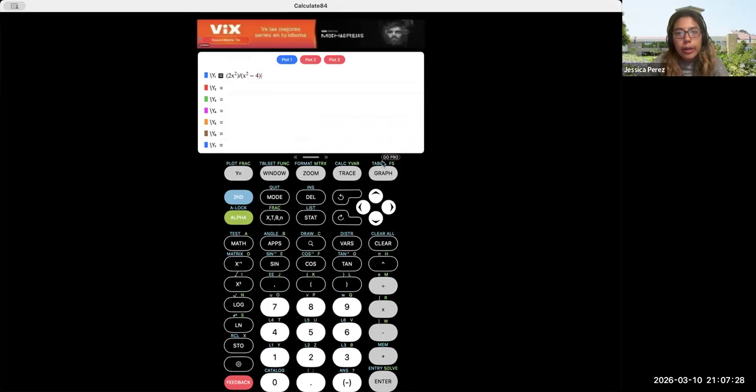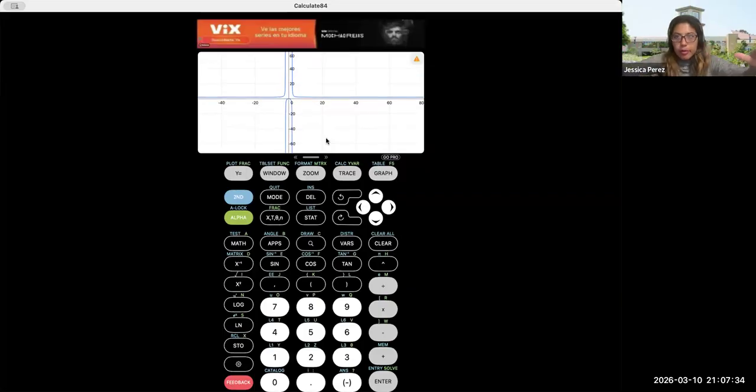And then hit graph. If you zoom in a little bit, you'll notice it has that behavior. It's going to reach the horizontal asymptote, and then you'll have a parabola going down. Now this is the graph of question 11.